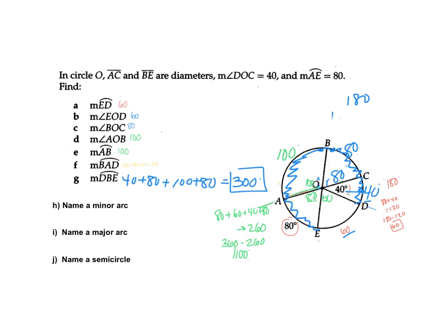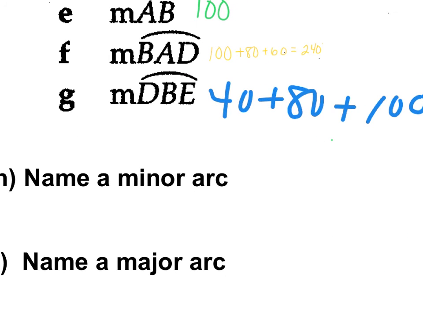Now I want to name some minor arcs. That means we have to go back to our definition of a minor arc. A minor arc is an arc whose measure is less than 180 degrees. So some examples of some minor arcs in this visual are arc CD, arc BC, and arc ED.